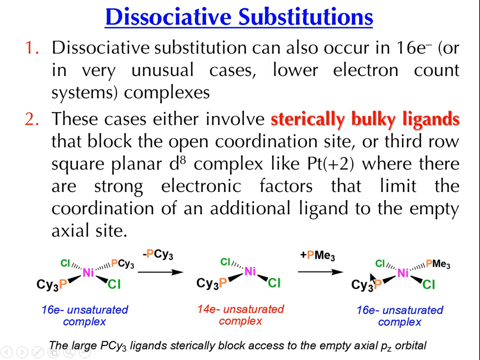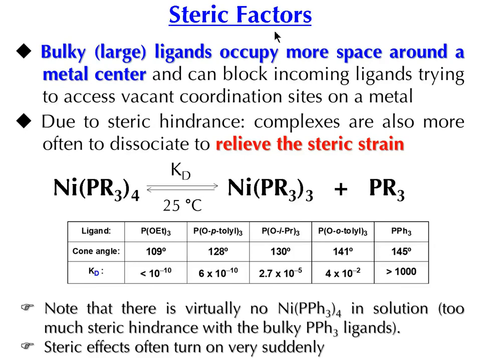To note that this substitution is possible only if the bond Ni-PMe3 is stronger than the bond Ni-PCy3. The steric factors affect the dissociation of the ligand or the addition of the ligand. So it affects the reaction of substitution.